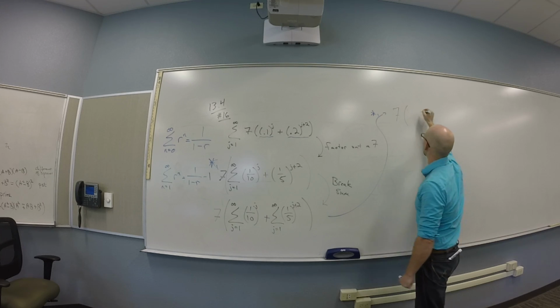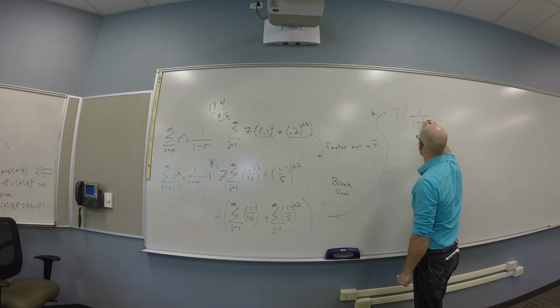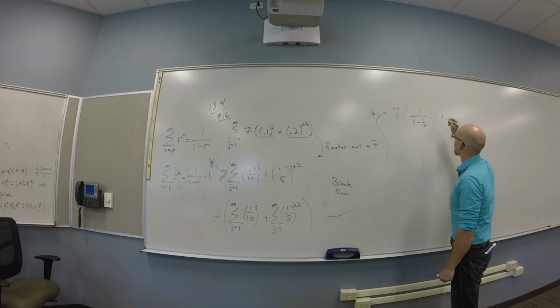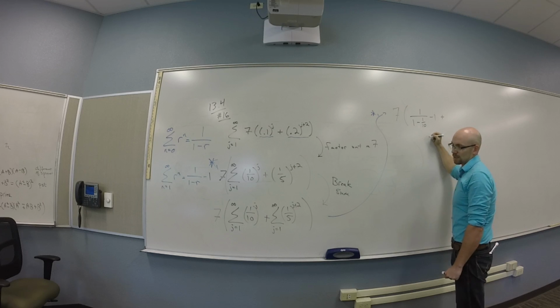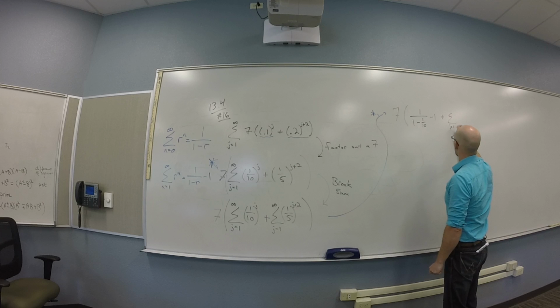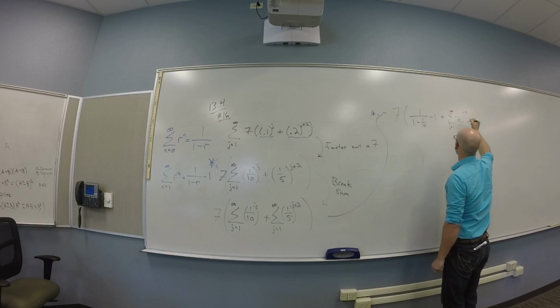A 10th, right? So I've got 1 over 1 minus a 10th minus 1. That's that first bit. And then plus, and I'm not dealing with that one yet, the sum from j is 1 to infinity of 1/5 to the j plus 2.